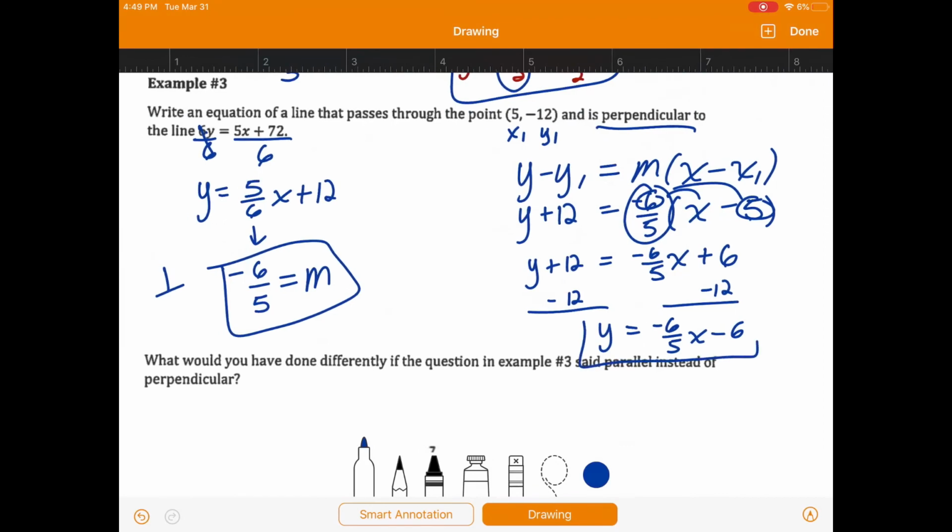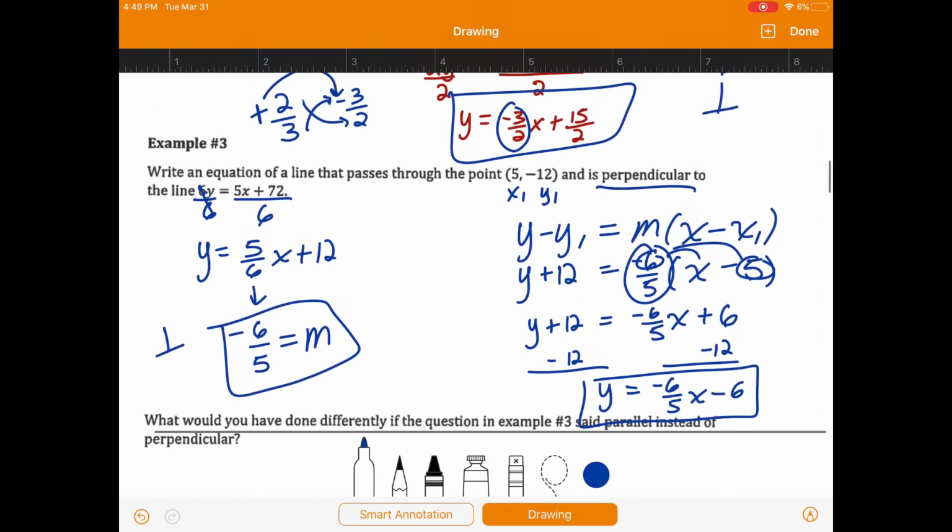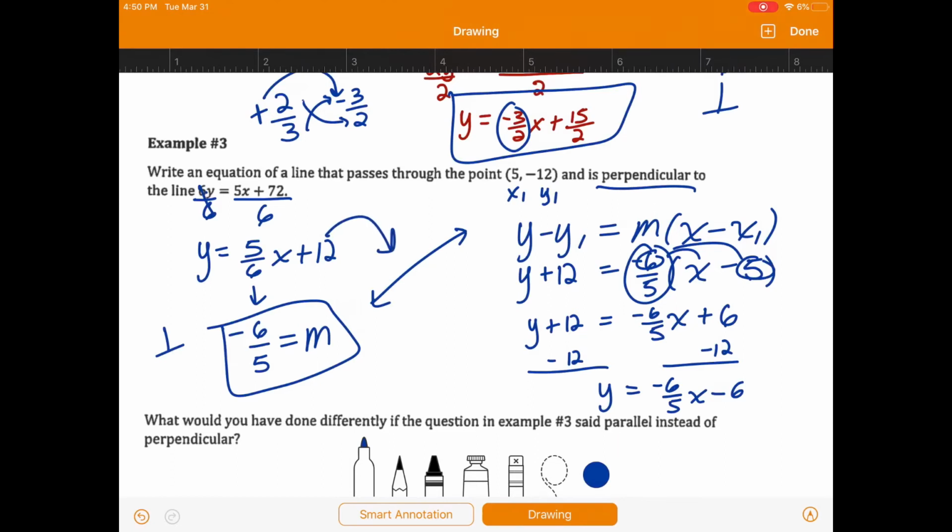So this is the equation of a line that is perpendicular to this line and goes through this point. So we've done quite a few things here. We've come up with a line that has a perpendicular slope, and we've decided that that line is going to go through this point. Because if you've got a line that looks like this, say that this was this line.